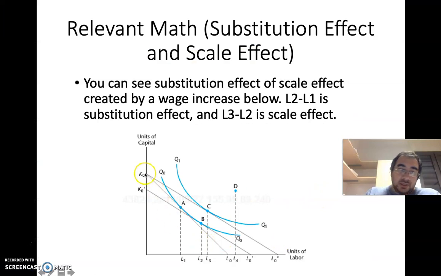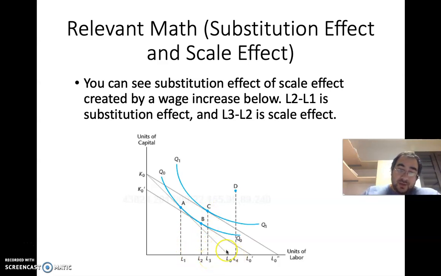The initial budget line was K0 L0. When the wage falls, the budget line becomes K0 L0 double dot. So initially the amount of labor that is demanded is L1. The final amount of labor that is demanded is L3.